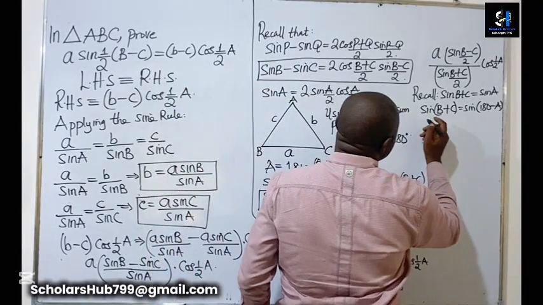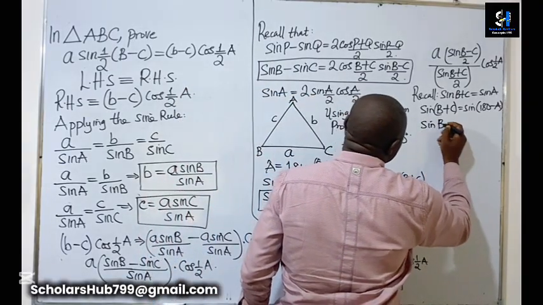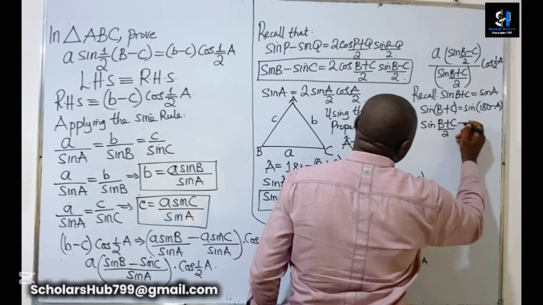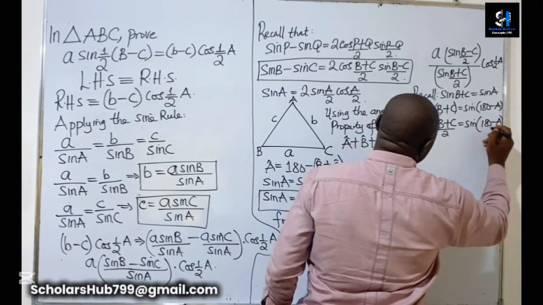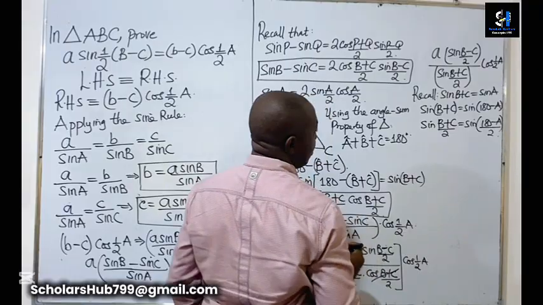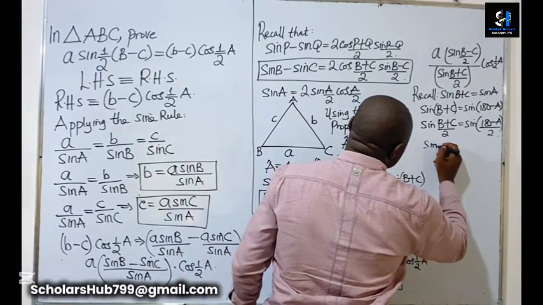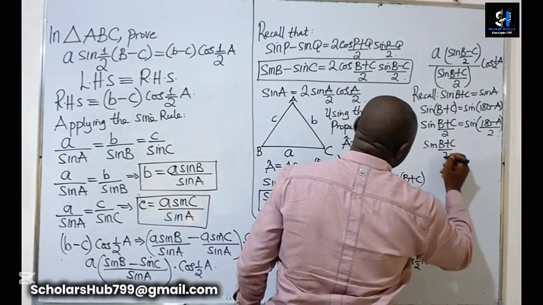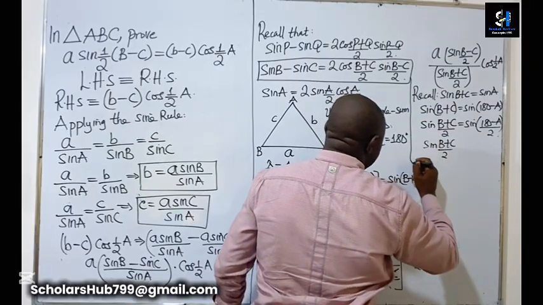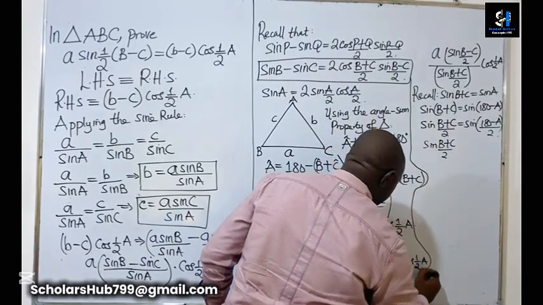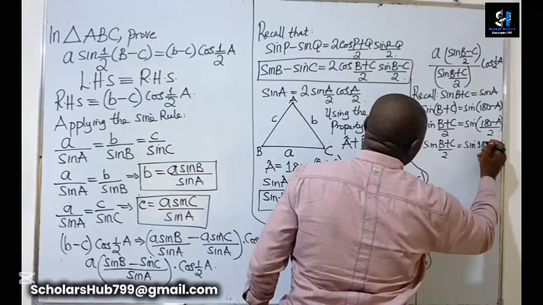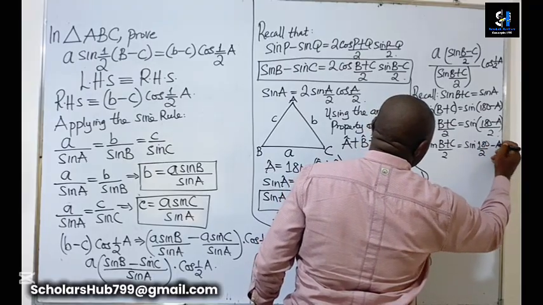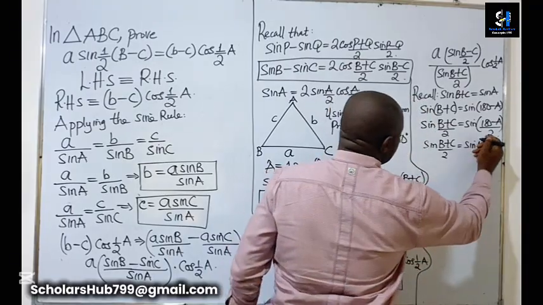So now sine ((B plus C) over 2) will be sine ((180 minus A) over 2), which is sine (180 over 2 minus A over 2).